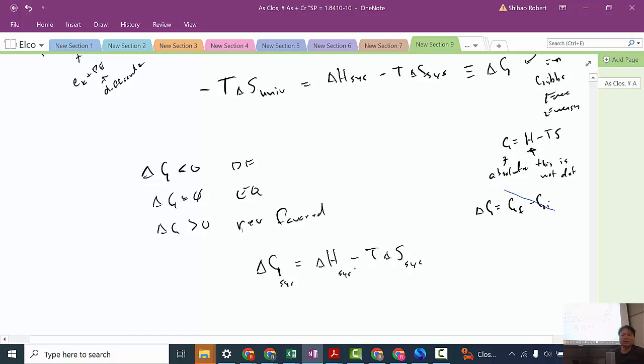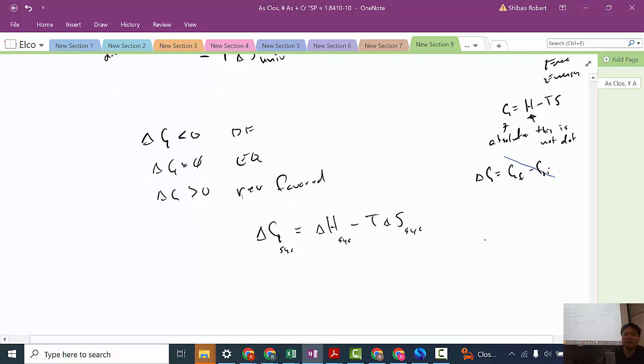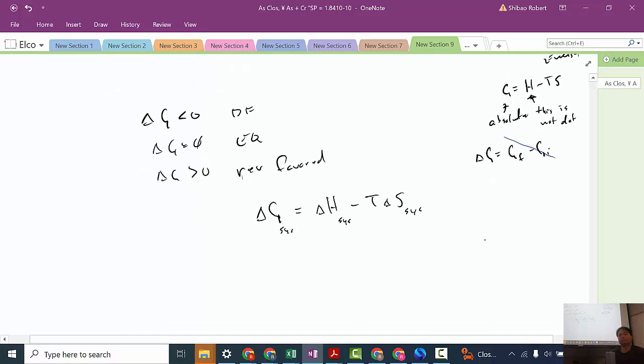Now, delta S of the system is easy. What's the easiest way of calculating delta S of the system? Well, let's do this qualitatively first.